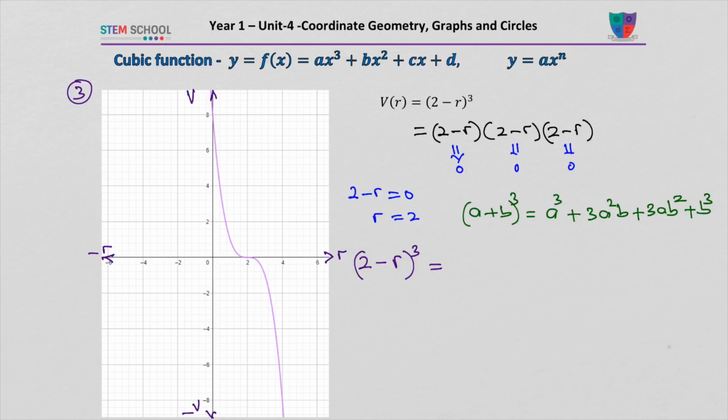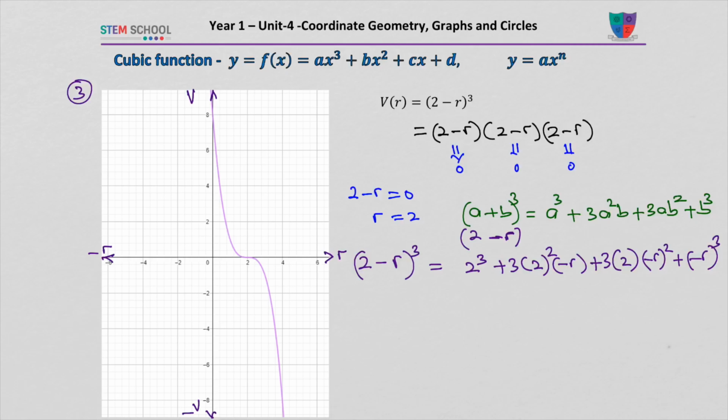To expand, I'm going to use this process: (a plus b) to the power 3 will be equal to a cubed plus 3a squared b plus 3ab squared plus b cubed. Now, a in this case is going to be 2 and b is going to be minus r. So I'm going to put all that in here and that's how I'm going to expand this.